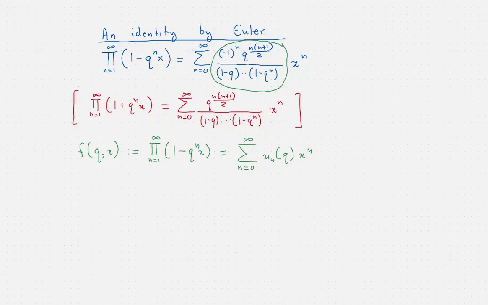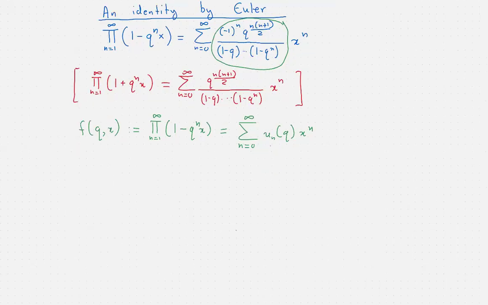So in other words, by taking this product right here, it will be possible to obtain x to the n in infinitely many ways, which means that eventually this should be considered as a series. So this is a series in q.